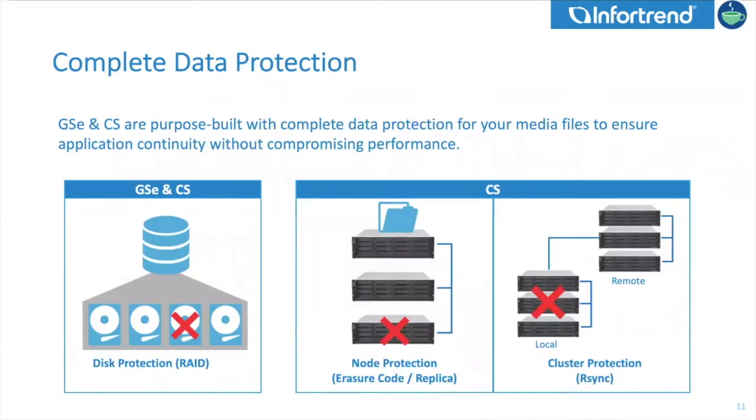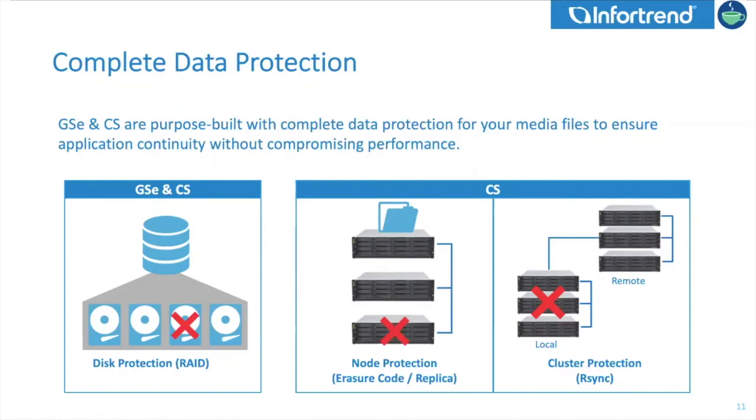As you'd expect, Infortrend are very good at protecting your customers' ones and zeros. The GS and GSe, and the CS for that matter, have full disk RAID protection. Infortrend also have very complex algorithms that make rebuild times extremely fast. Also, they allow you to throttle that rebuild so that if you needed to, you could decrease the priority given to the rebuilds if you needed the system to run at a higher performance.